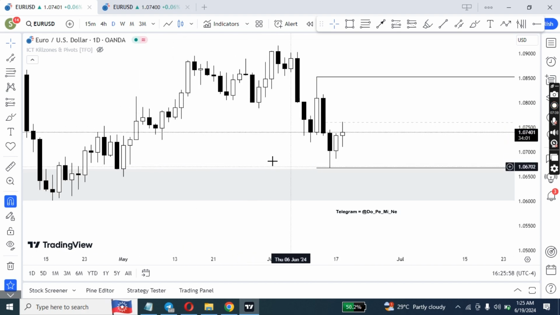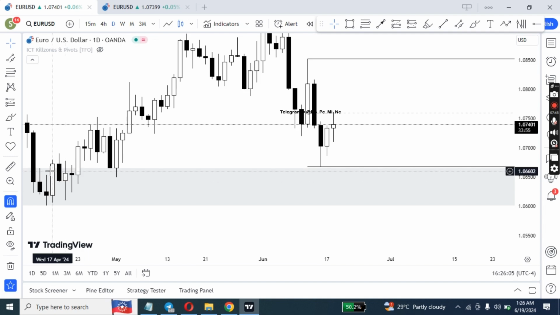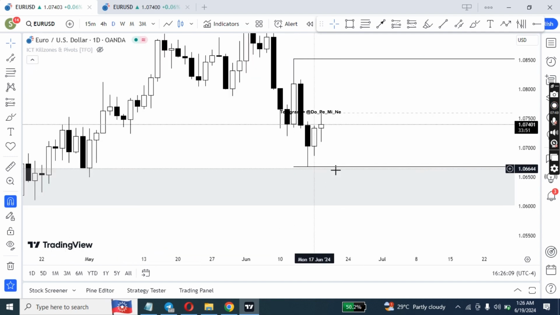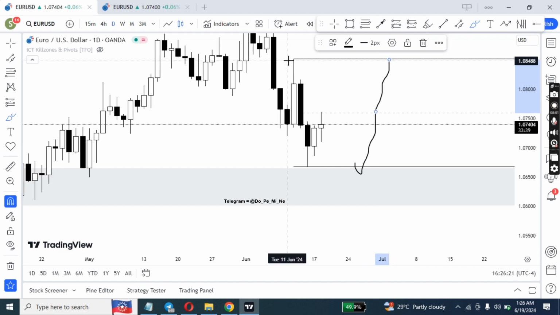Now obviously first of all I'm expecting this low to be taken and price to react off of this rejection block and test this rejection block, and then we can expect a reaction from here towards this 50% of the range, or the 25% of the range, or maybe potentially towards this opposing end of the range, right?